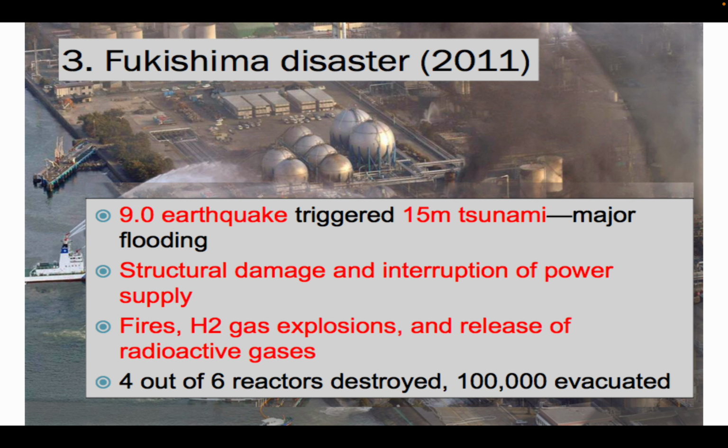But the battery packs had a limited lifespan. They were only going to be good for like 8 hours or something like that. So eventually you did have fires, you did have explosions, and you did have a release of radioactive material. Out of 6 reactors, 4 were destroyed. 100,000 people were immediately evacuated.